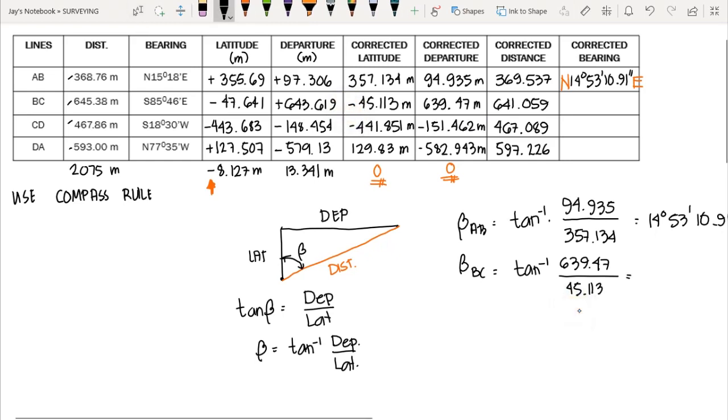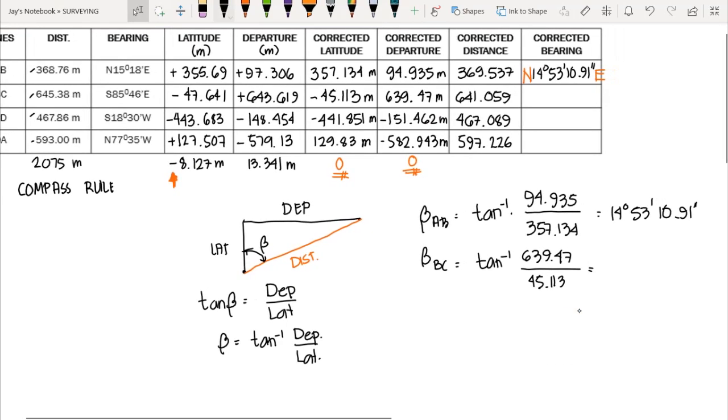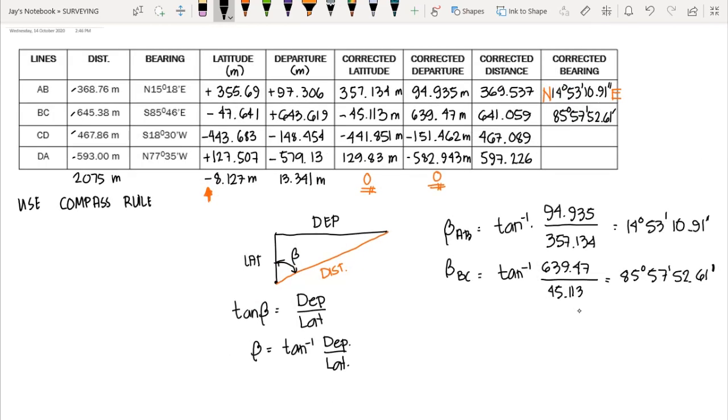So we have here the bearing, which is equal to 85 degrees 57 minutes 52.61 seconds. Now take note, our latitude here is negative for BC, therefore we have the direction along the south latitude. For departure, we have positive departure, that means we have east departure. That's southeast.